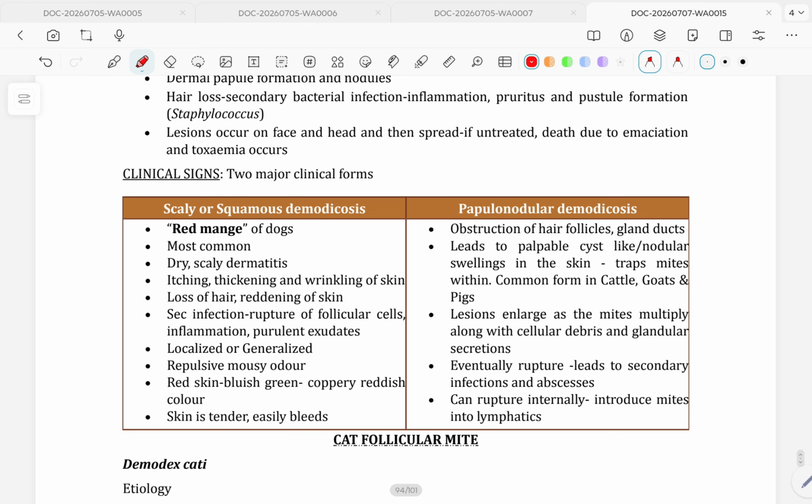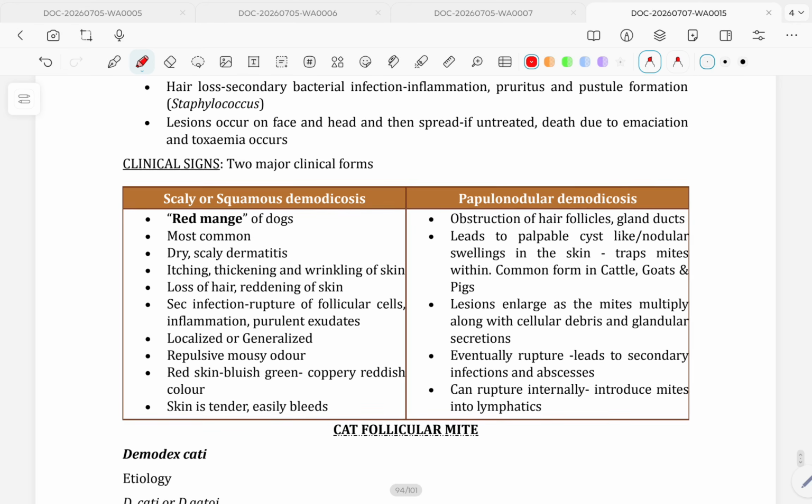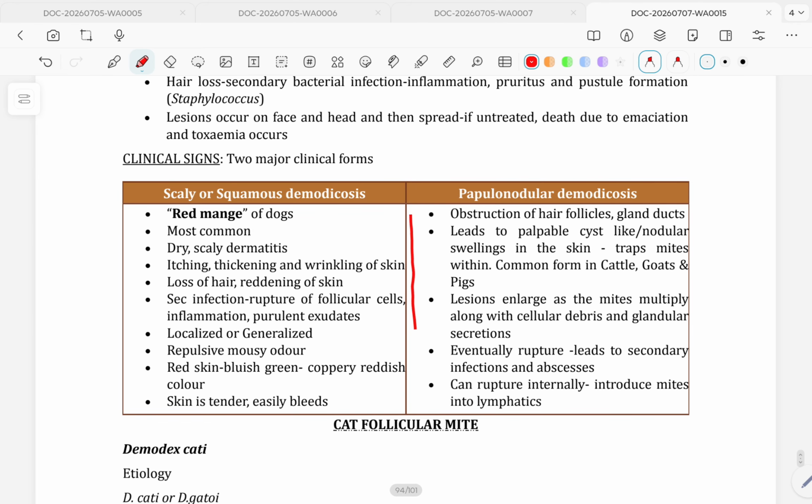Clinical signs: two major clinical forms. Scaly or squamous demodicosis and papulonodular demodicosis, red mange of dog.